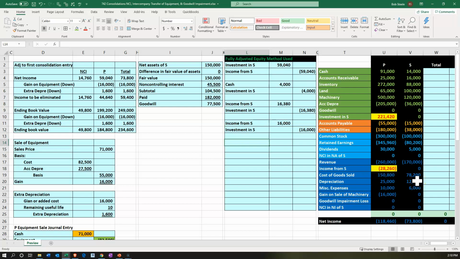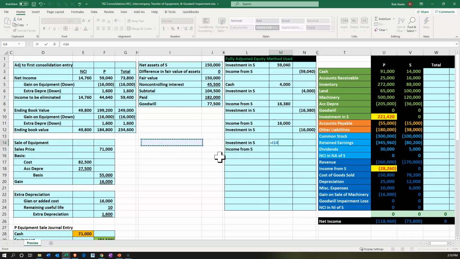Included in that $12,000 is an overstatement of that $1,500. So we need to remove or reduce the expense, which is like an increase in the net income. So this would be a debit to the investment, and the income from S would be going up from this one, for the 1,600. All right, okay, I think that's it.